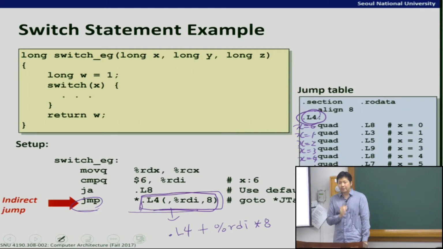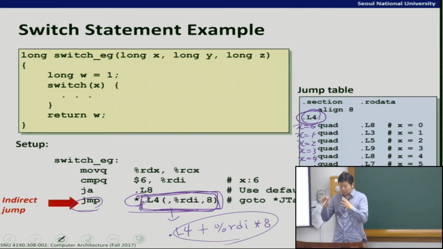The star means that instead of directly jumping to this address, you jump to the value at that position in memory. So it's an indirect jump.